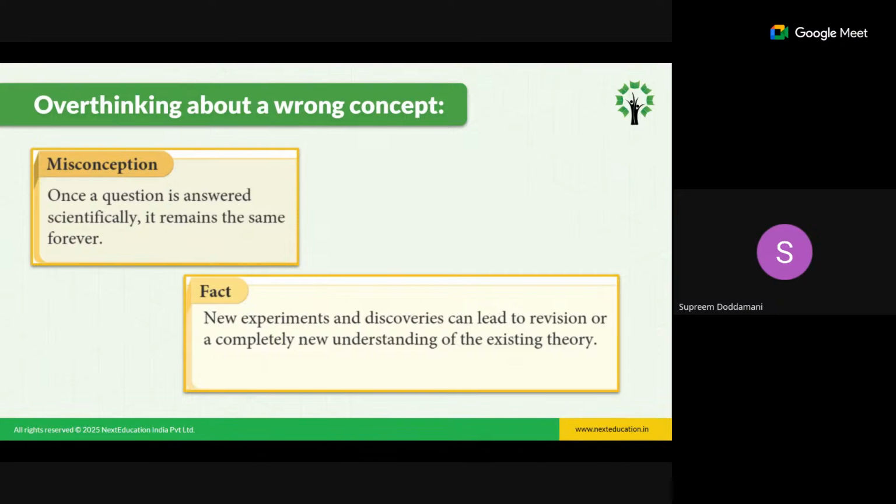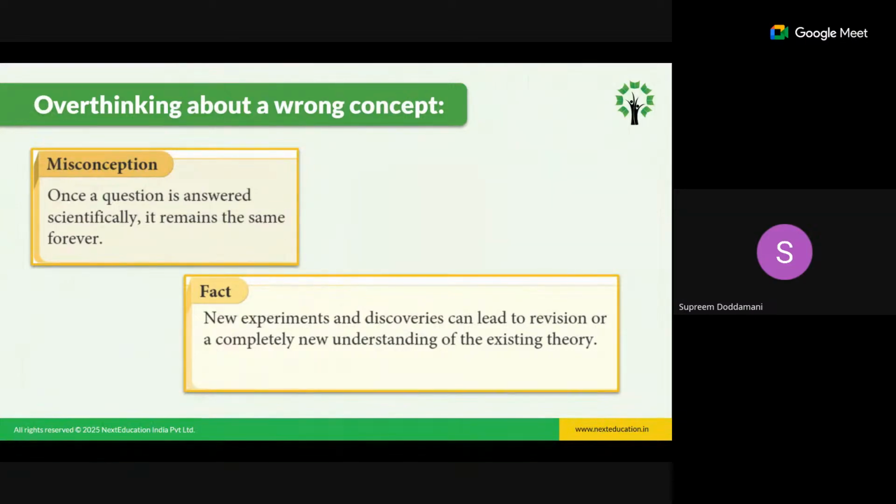We have clearly explained in our books, each and every chapter will have this misconception and fact. Okay, you can see that once a question is answered scientifically, it remains the same forever. That is the misconception. What is the fact? New experiments and discoveries can lead to revision or a completely new understanding of the existing theory.